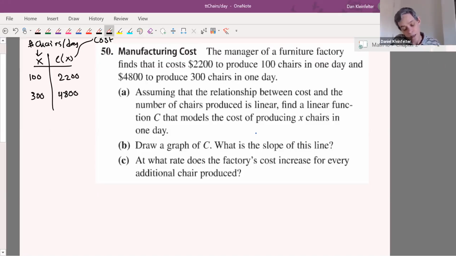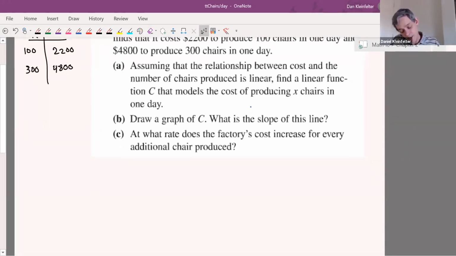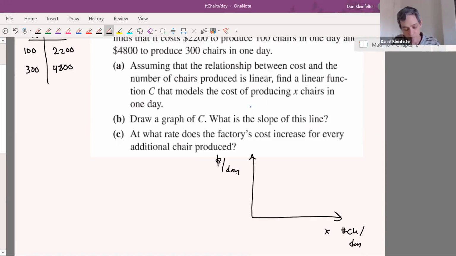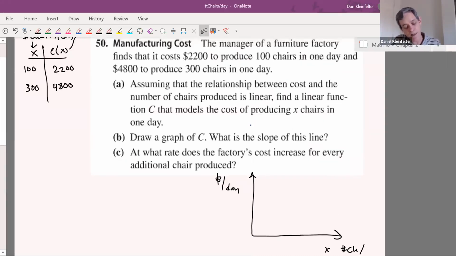Okay, so we're going to come up with this function, but I can see that we're going to end up needing a graph. So let me start thinking about that also. Our input will be the number of chairs per day. Our output is going to be in dollars per day. So the horizontal is our x, our number of chairs. The vertical is our dollars.